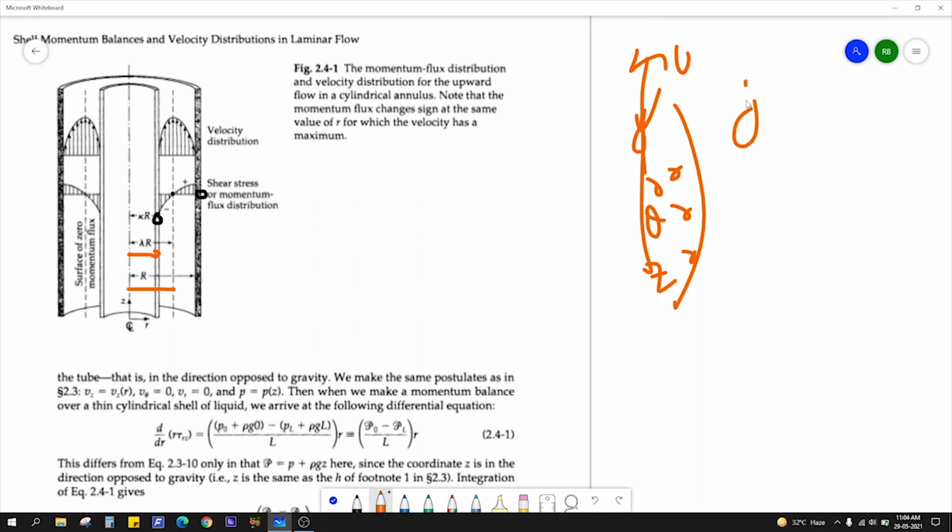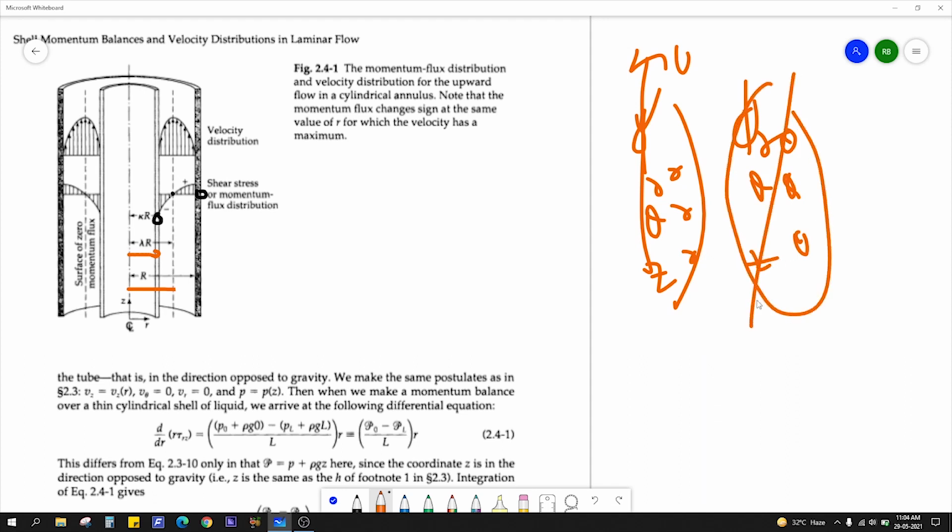Similarly, theta r, theta theta, theta z will all be 0 again, as discussed. And lastly, we have z r, theta z, and zz, which will be again 0.